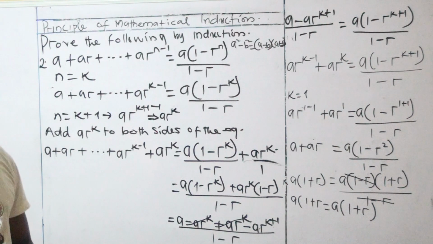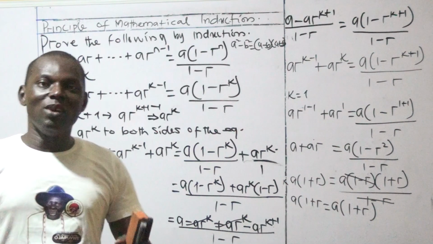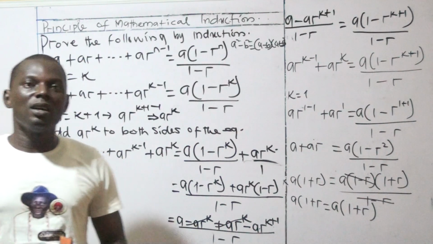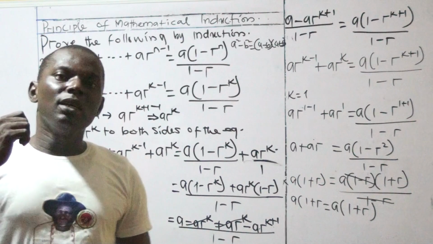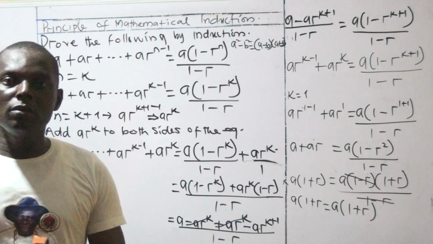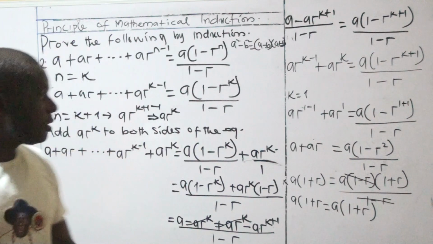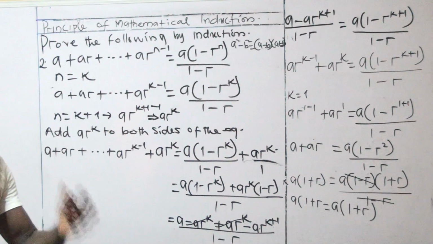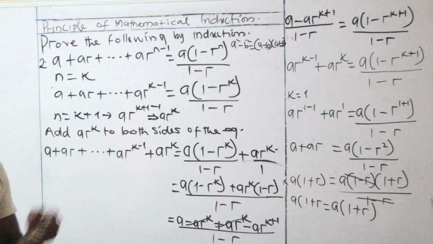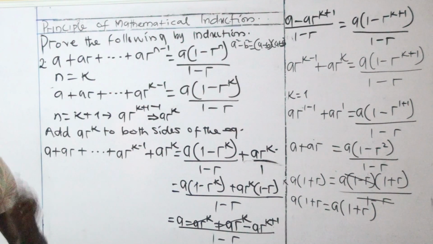So this is how far we can go on mathematical deductions. Once you are able to follow the steps involved piecemeal, bit by bit, there's no way you will miss this. So the recap: first thing you must show that what you are trying to find out is true for n equal to 1.